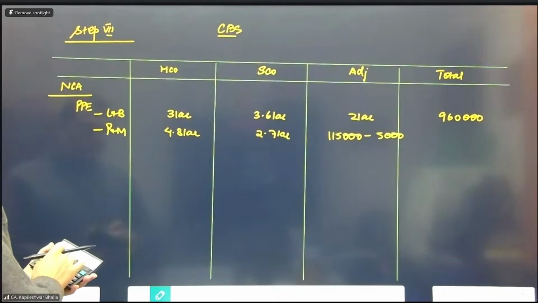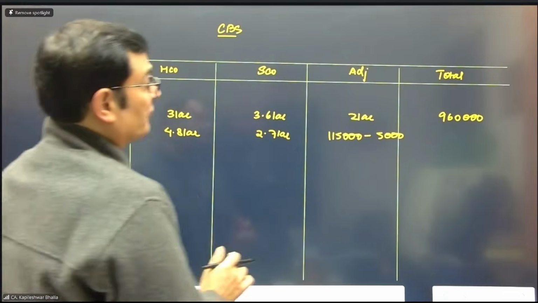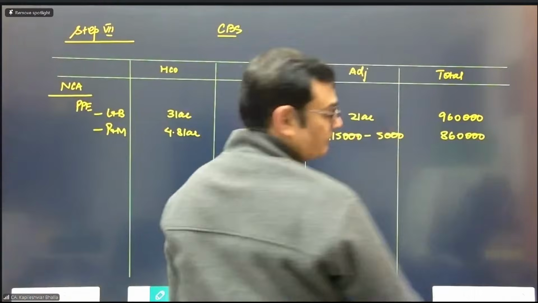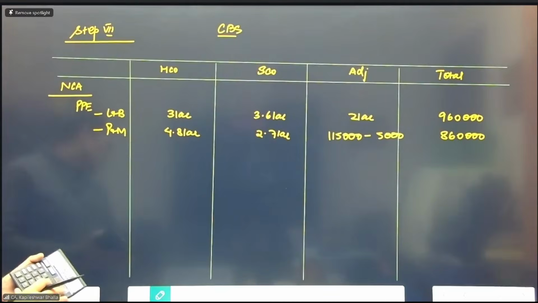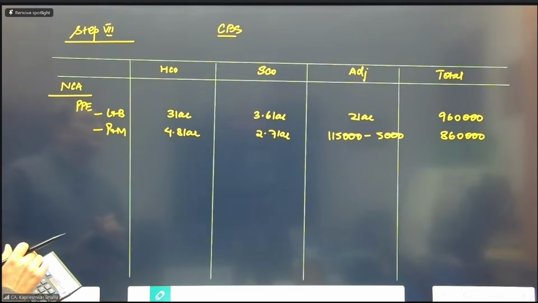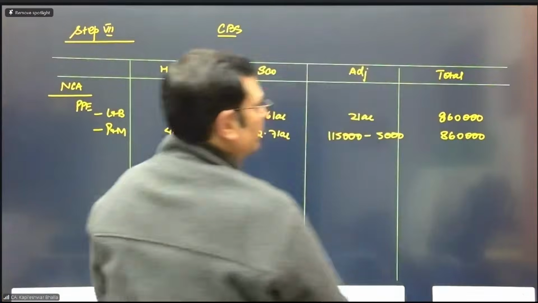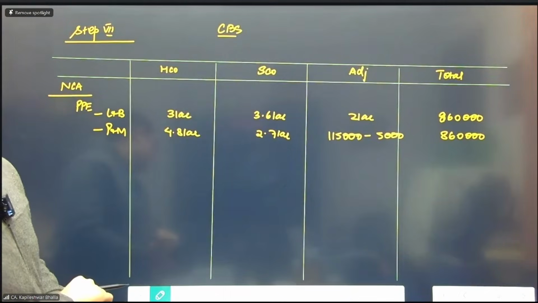So this will be 4 lakh 80 plus 270 plus 1 lakh 15 minus 5. This comes to 8 lakh 60. Right, so this is done. And then let's go further. Okay, I think this is 860, I guess, a calculation error. Okay, so this is the non-current assets.